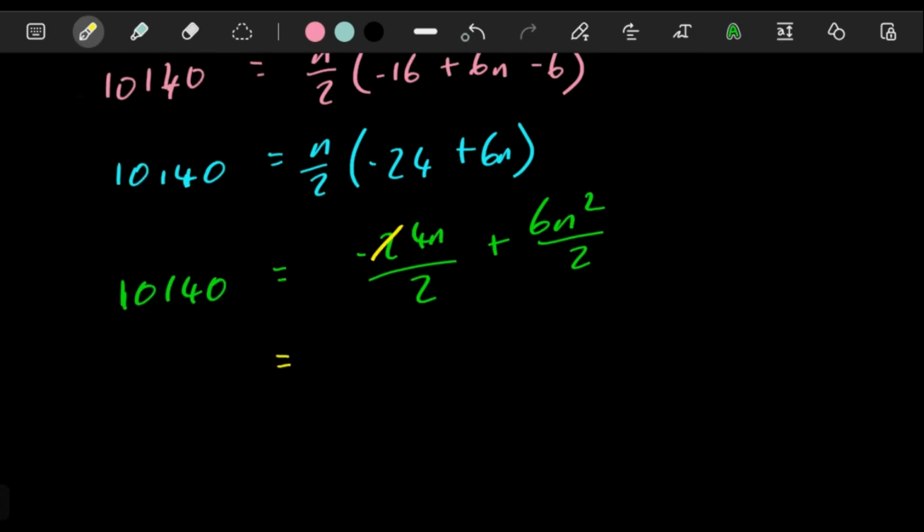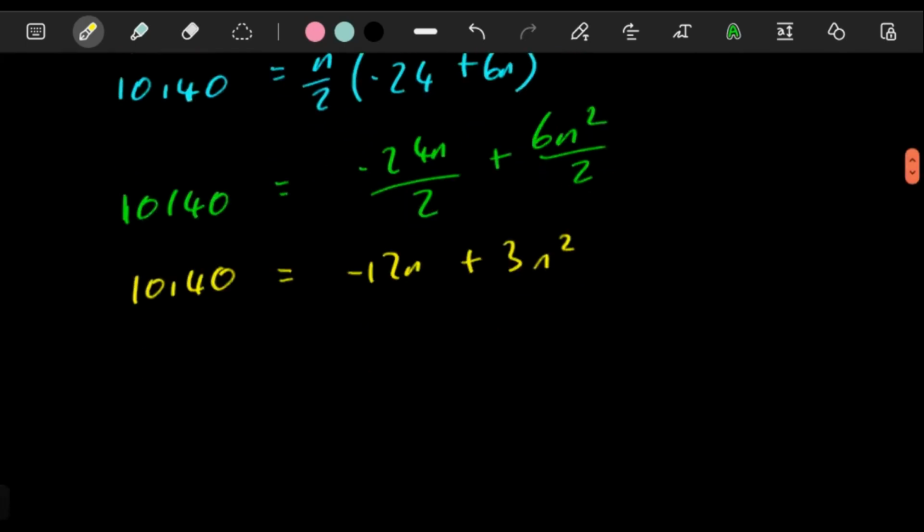This is like -12n. 6 divided by 2 is 3. And then this is 10,140. And then this is like 3n squared minus 12n, and then minus 10,140. This is equal to 0. Let's keep moving forward, right?